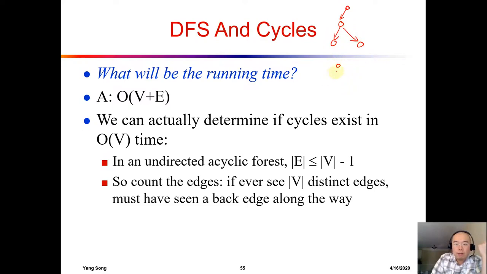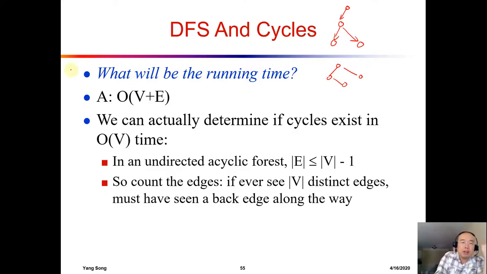Or if you have 4 nodes like this, it is still only 3 edges. 4 nodes, 3 edges. That is, if we have a tree structure with n nodes, we can have at most n minus 1 edges.